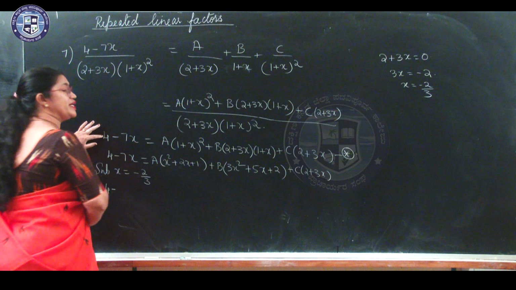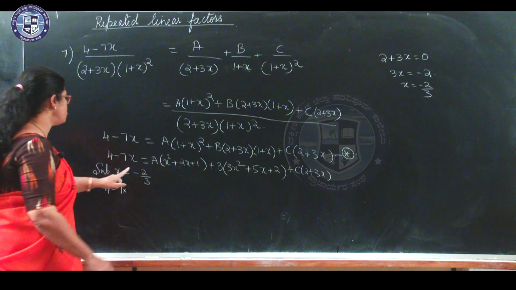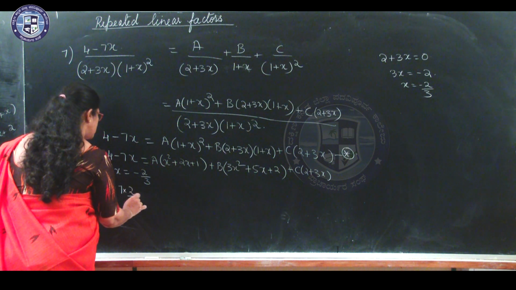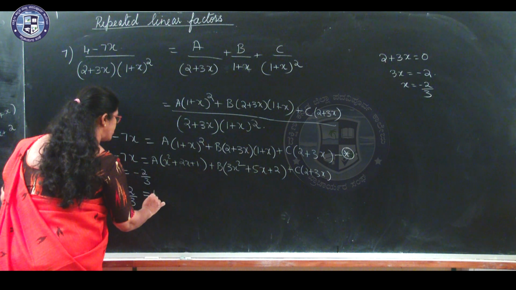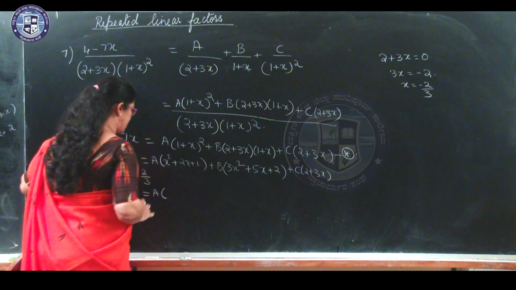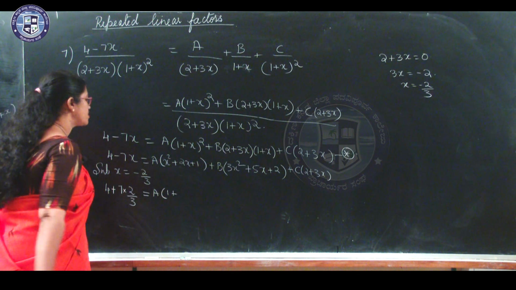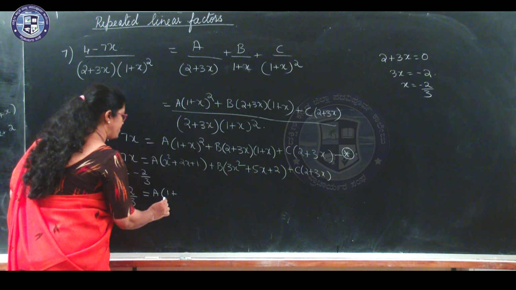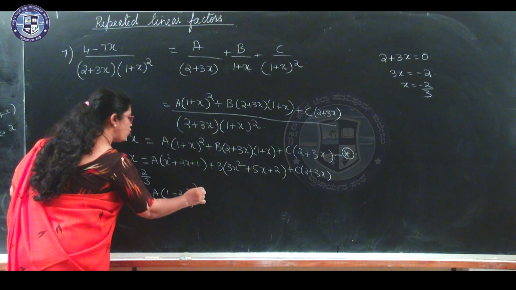4 minus 7 into minus, becomes plus 2 by 3, is equal to A into, I am substituting in star, 1 plus minus 2 by 3, so it is minus 2 by 3 the whole square.